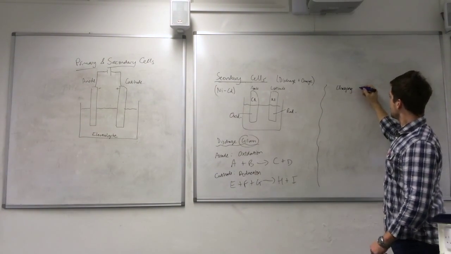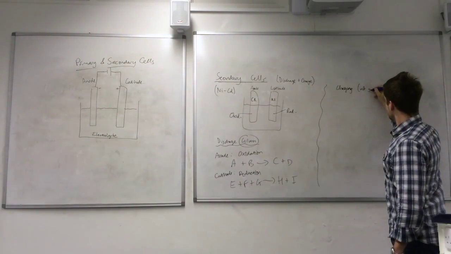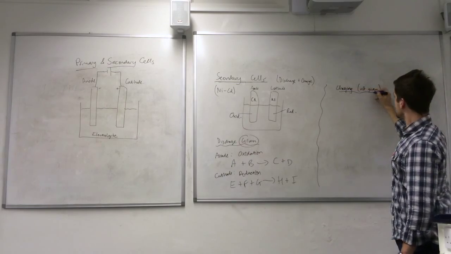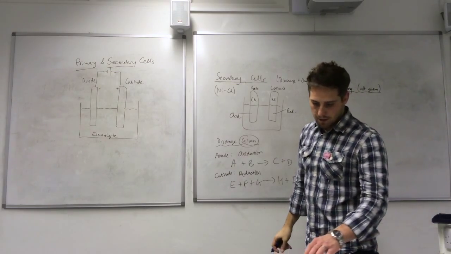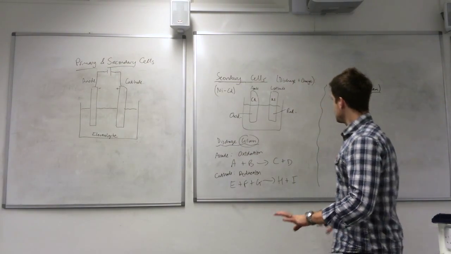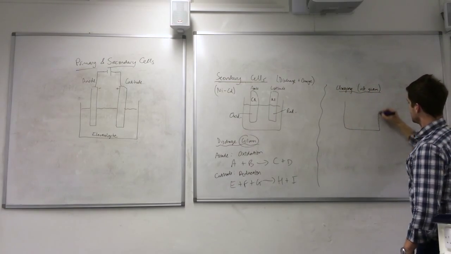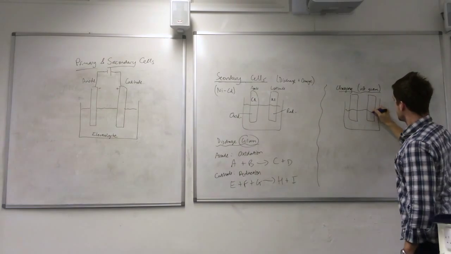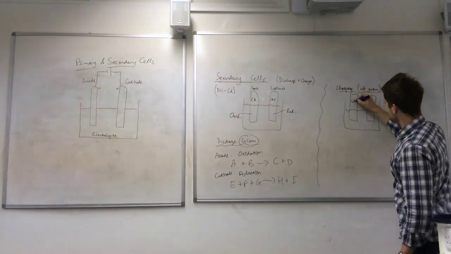Right, charging. These are not given. So these are the ones you have to work out. Here we have the reactions reversed. So let's draw our cell out again. This is the cadmium anode.